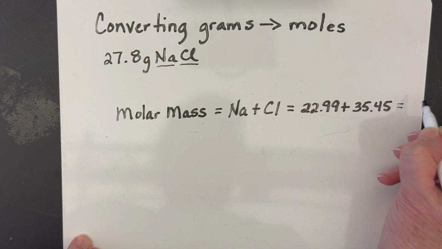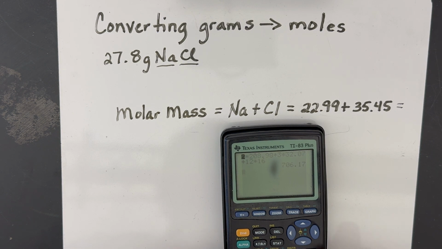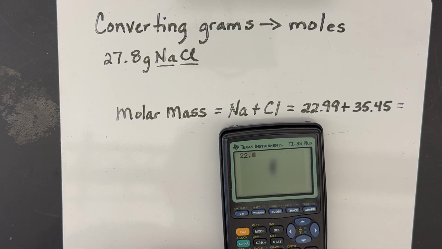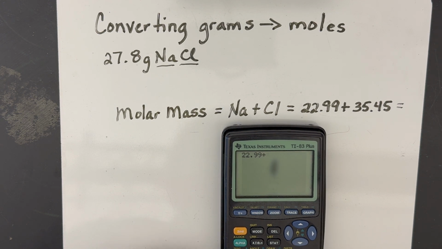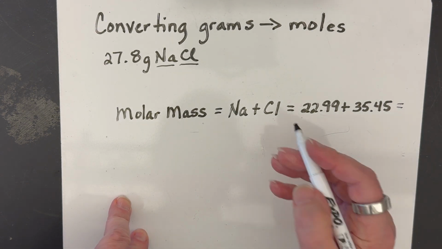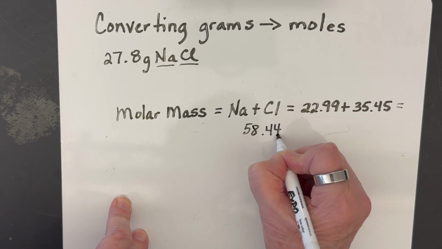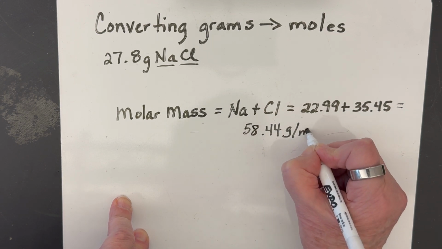So we just need to add those two together. 22.99 plus 35.45 is equal to 58.44 grams per mole.